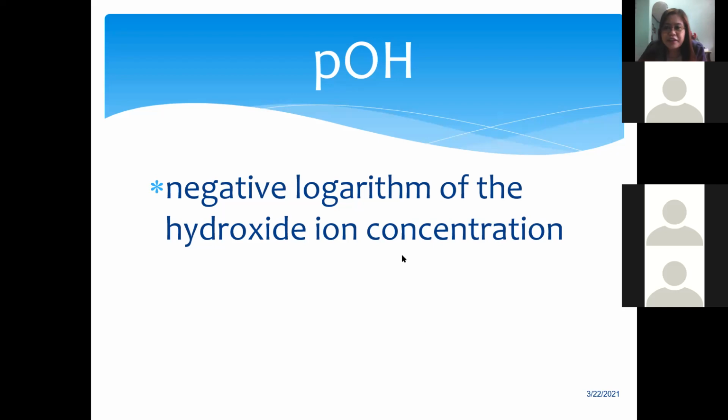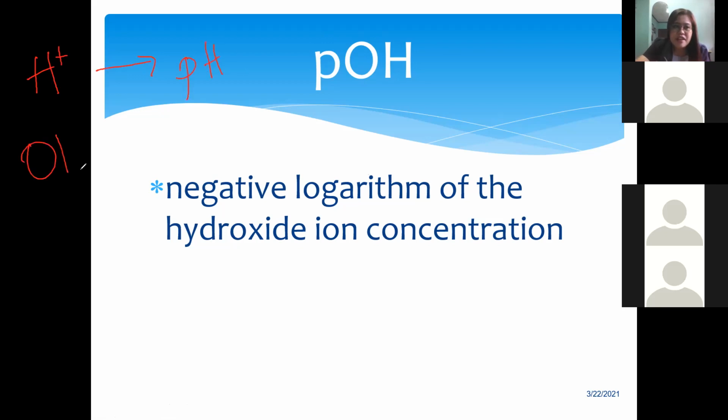Okay, so let's continue with our POH. It's the negative logarithm of the hydroxide ion concentration. So it's like the same with the pH. It's just that sometimes, the given will be the concentration of our hydroxide. So remember sa acid class, if it's H+, then you compute for the pH.